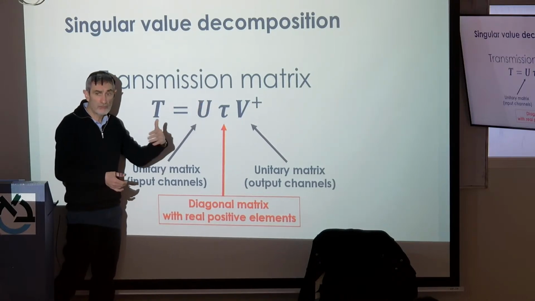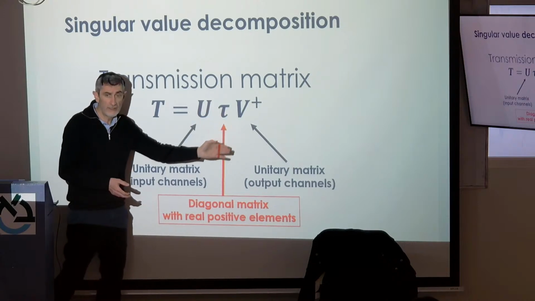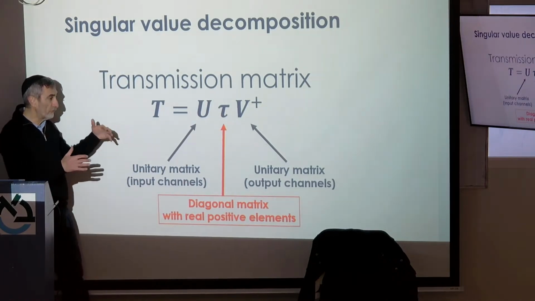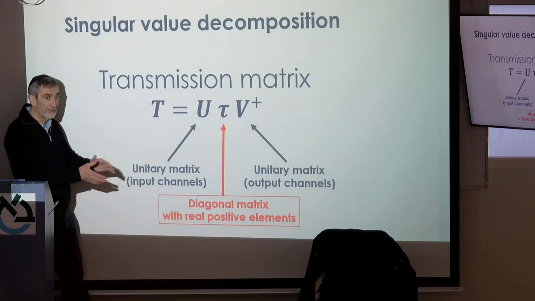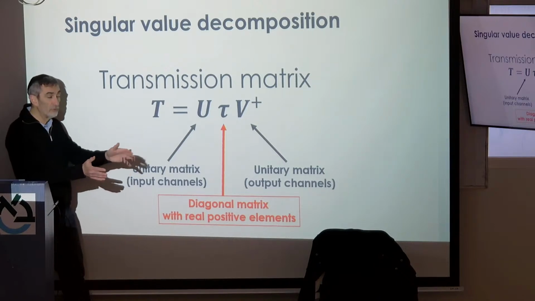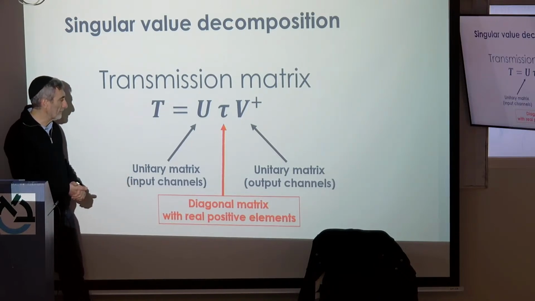The next one, which is smaller, gives a smaller transmission. So each of the diagonal elements corresponds to a different way to sneak through the scattering medium and transmit at the output.